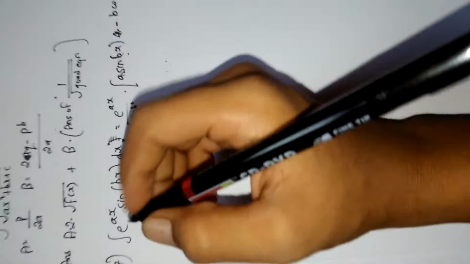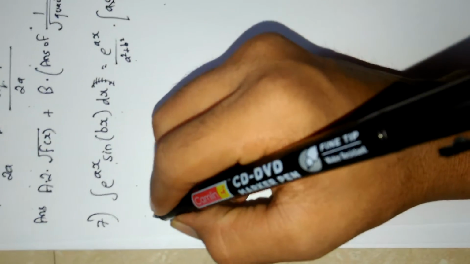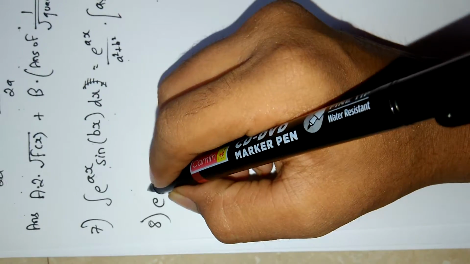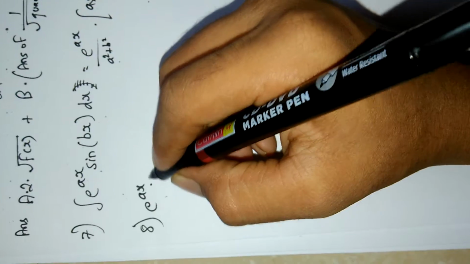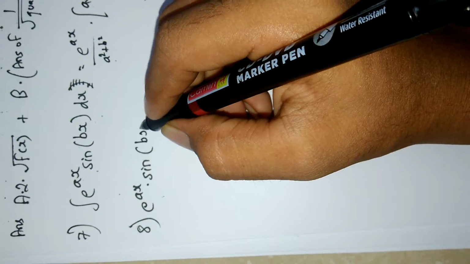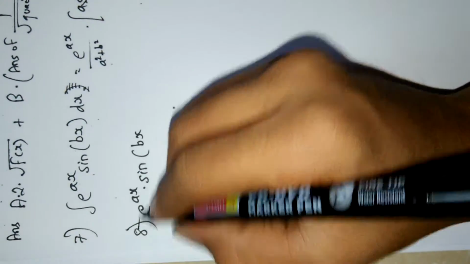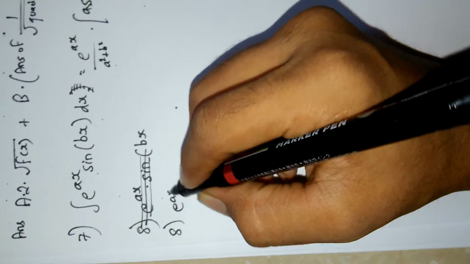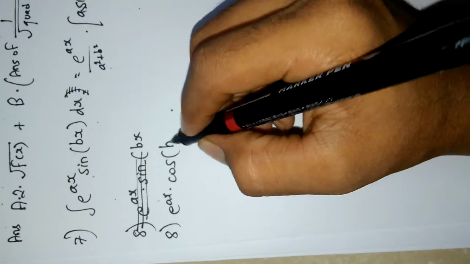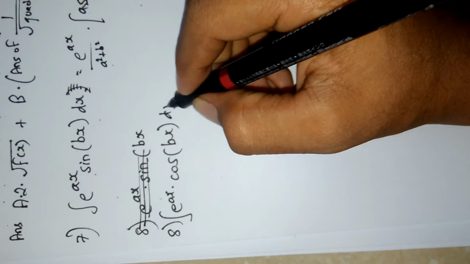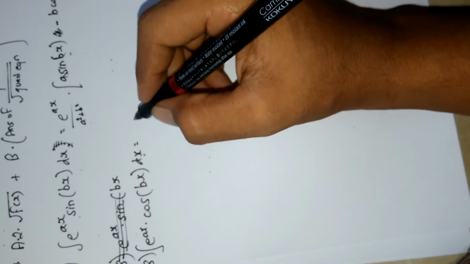So guys, moving further, its shortcut: integration of e raised to ax sin bx, this is similar to the first one, e raised to ax cos bx, we have to integrate dx. This is quite similar.